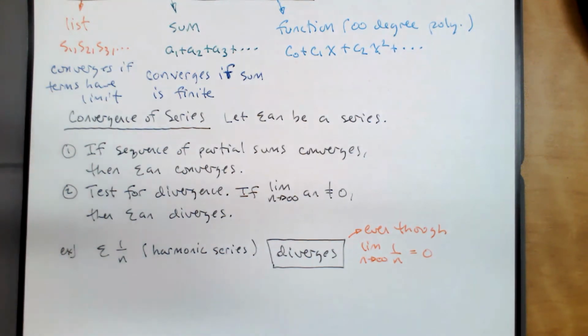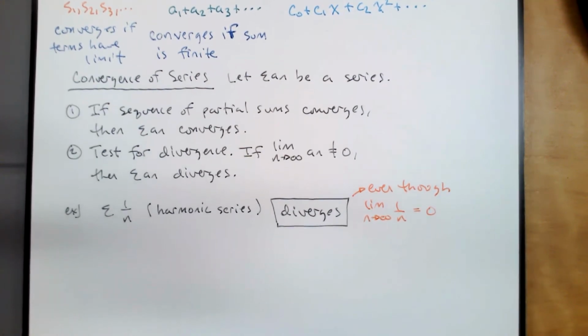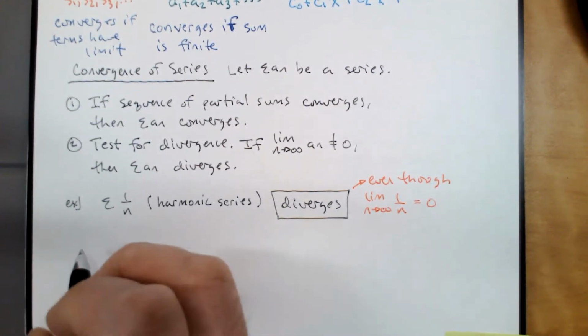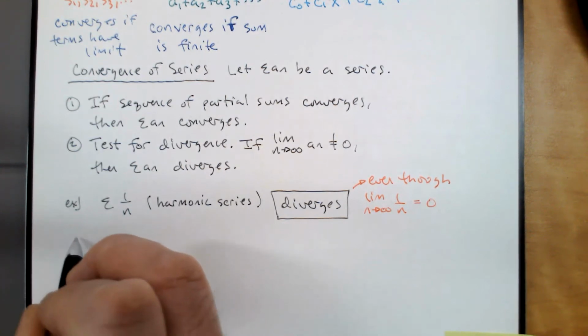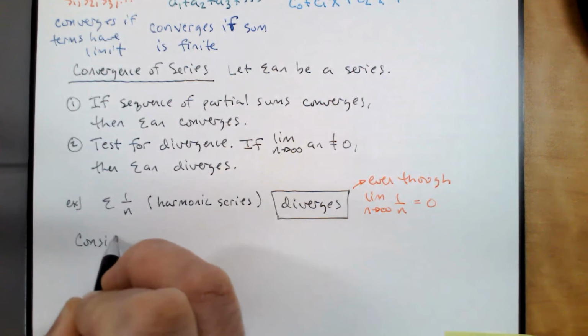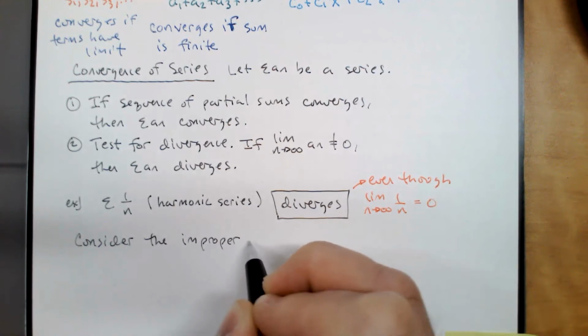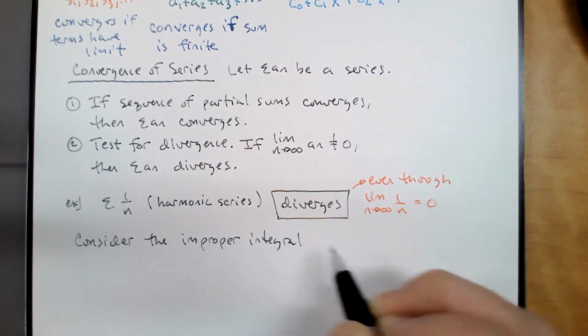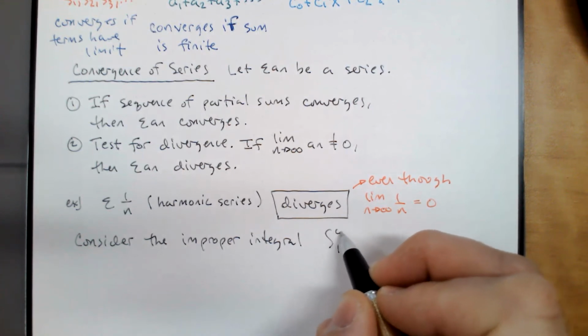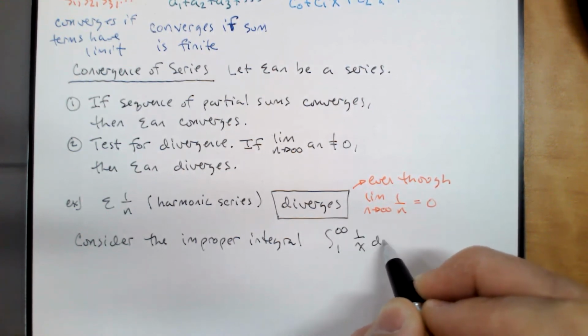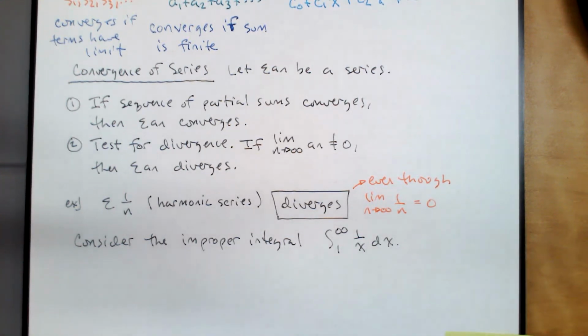One of the ways that we saw this, we are in the middle of seeing this, is to consider the improper integral. What we found was that this improper integral diverges, and we want to use that to show that the series diverges.